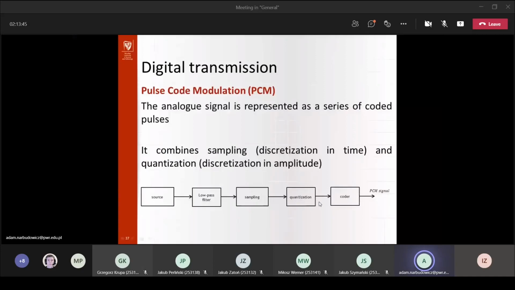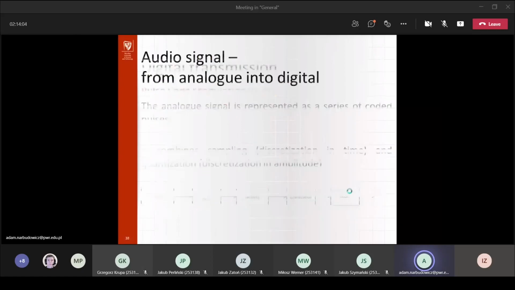Then we do quantization, right? And then at the end, of course, since we are talking about communication, we do some coding, adding some information, and we start to process the channel.